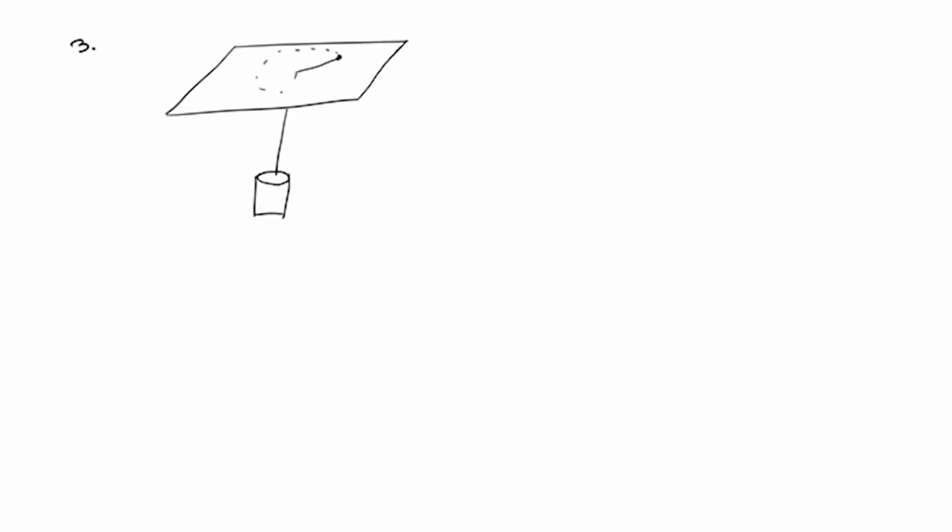So, 3, and we have a table like this. And we have a rope which passes through a hole there, and it is connected to a mass like this, and there is a small mass here that goes in a circular orbit.